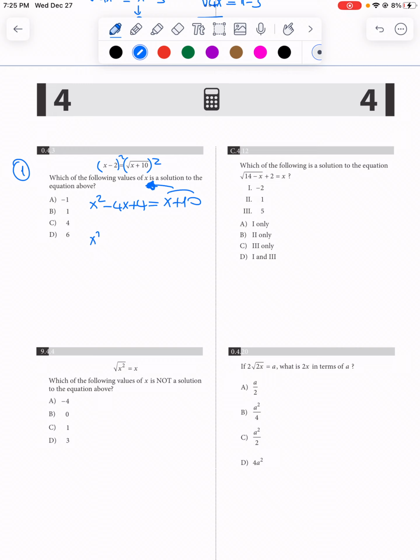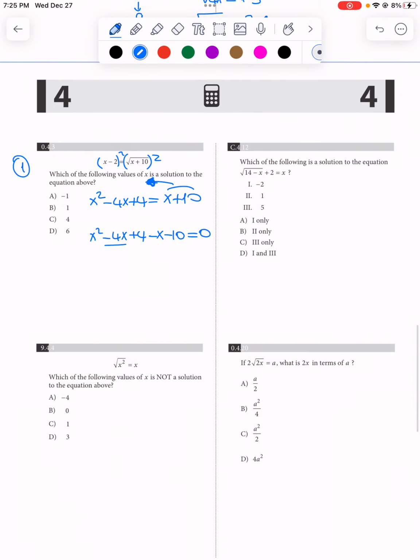So x squared minus 4x plus 4 minus x minus 10 is equal to 0. Negative 4x minus x is equal to negative 5x. x squared minus 5x. 4 minus 10 is equal to negative 6, which is equal to 0.